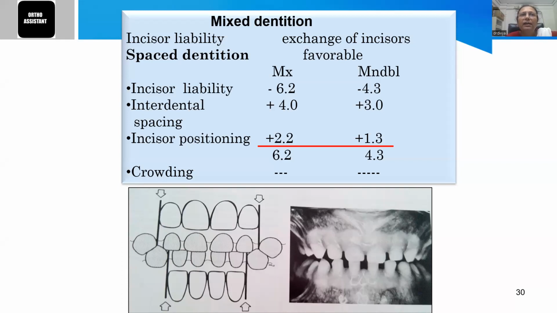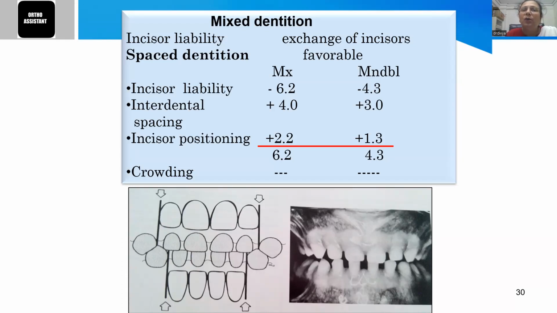The axial inclination is more forward, while in the mandible it is behind that, and with lingual pressure, with tongue pressure, it comes forward. If any muscular habit is there which is retroclining, the maxillary incisors will not allow the mandibular incisors to come forward.